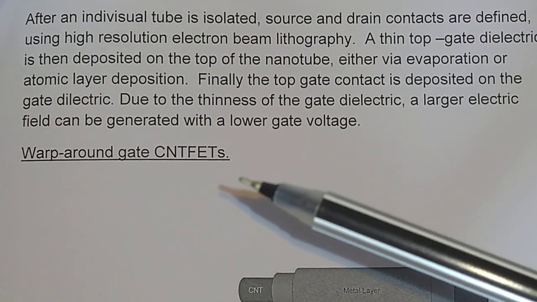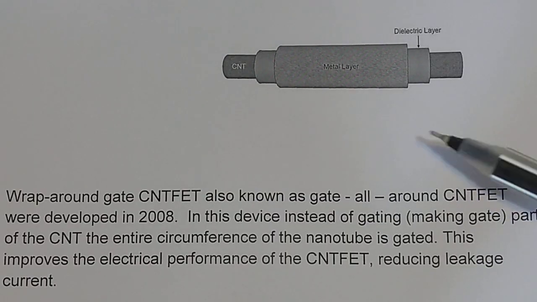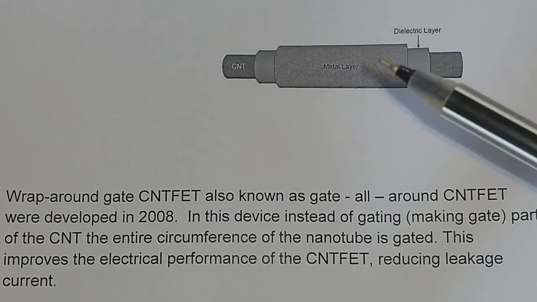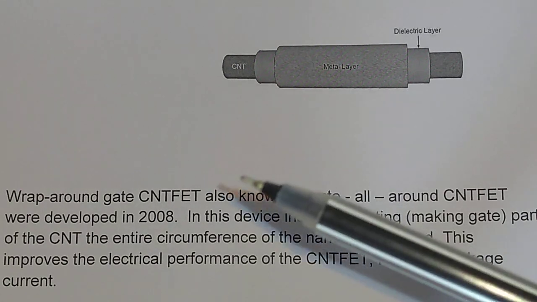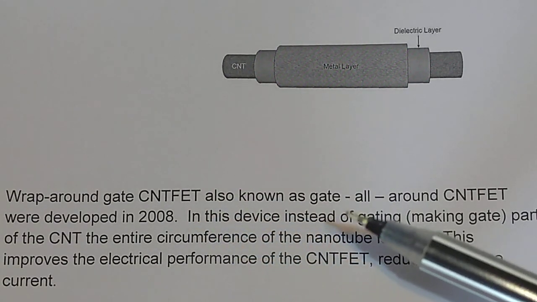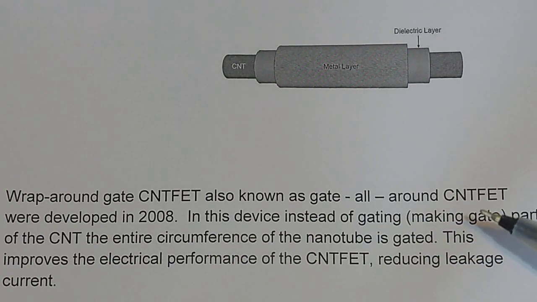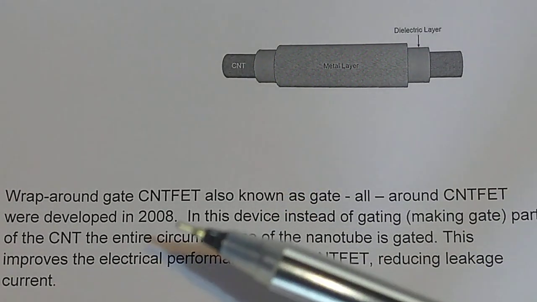Now let us discuss wrap around gate carbon nanotube field effect transistors. This is the basic structure of a wrap around gate carbon nanotube field effect transistor. Wrap around gate CNT FET, also known as gate all around CNT FET, was developed in 2008.